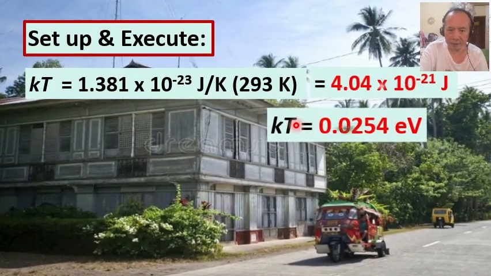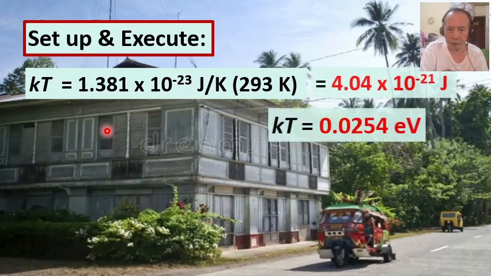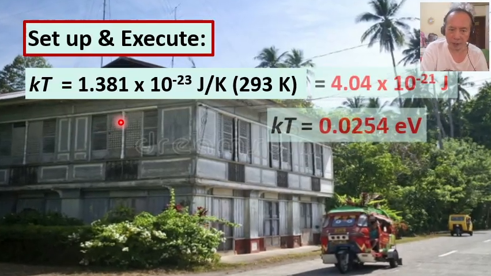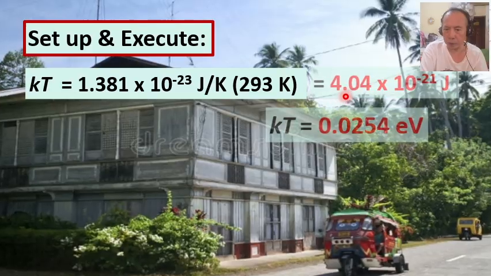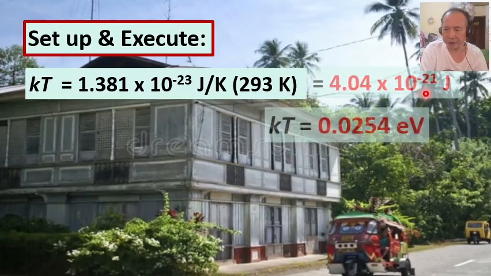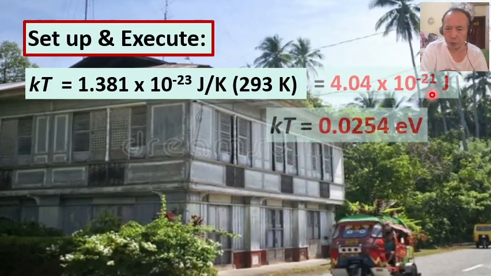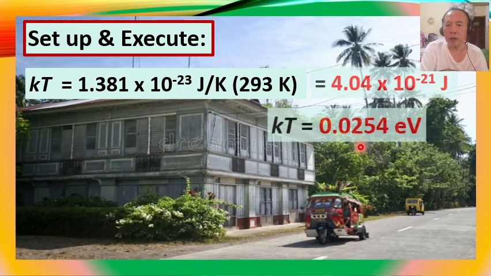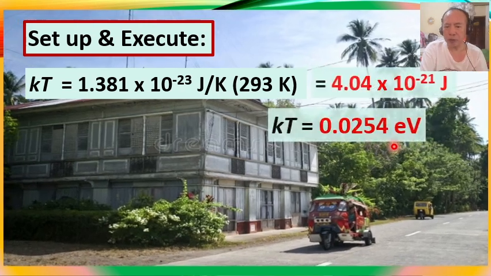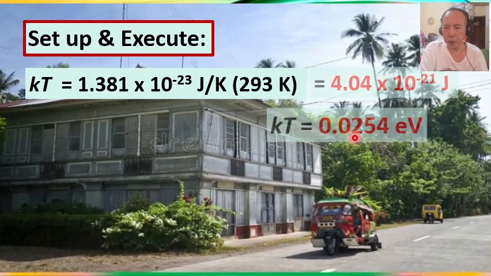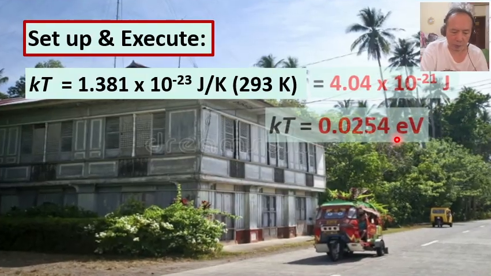And we get the value of small k times capital T equal to 4.04 times 10 raised to the negative 21 joules, which is also equal to 0.0254 electron volts.